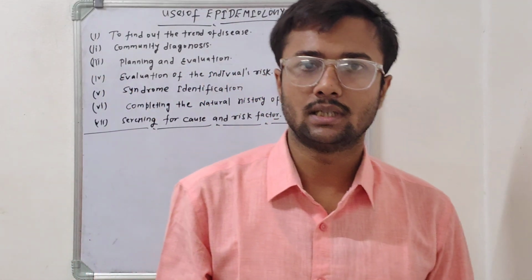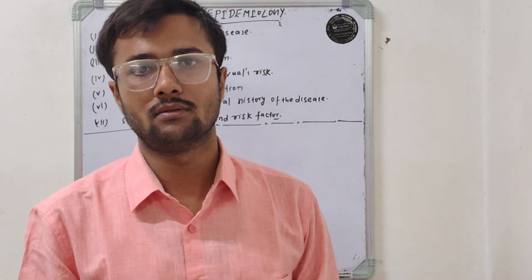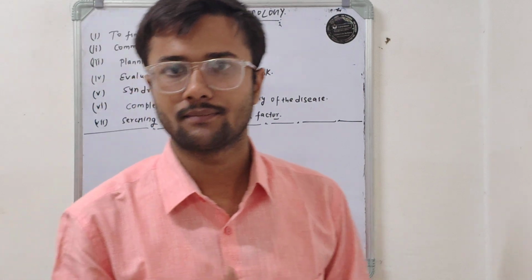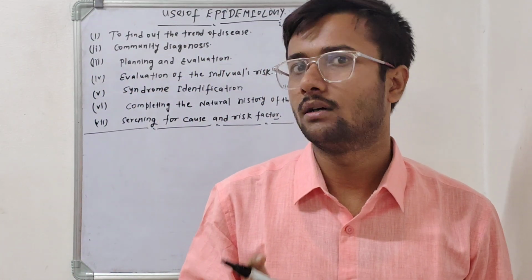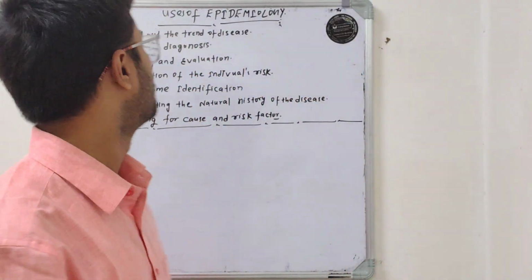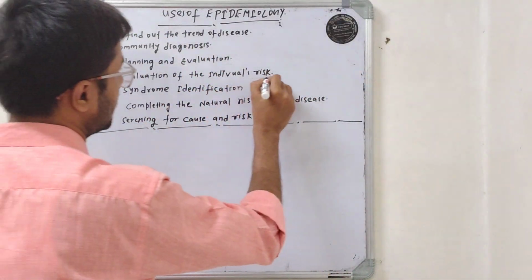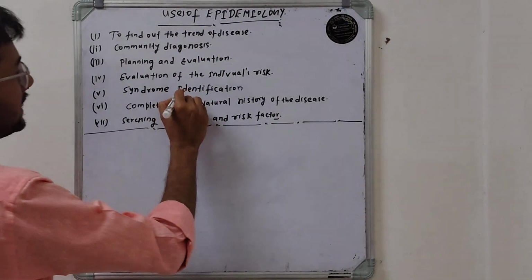The second use is that they help in community diagnosis, and the third is they help in evaluation and planning. The fourth is the evaluation of individual risks, and the fifth is syndrome identification.